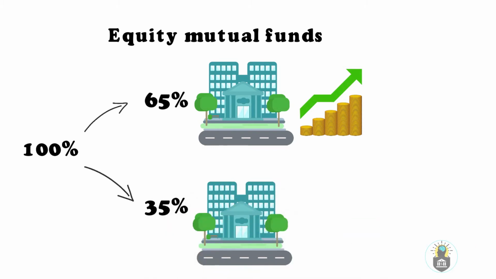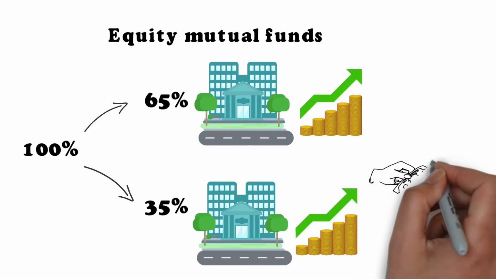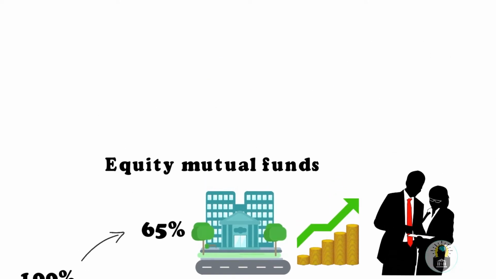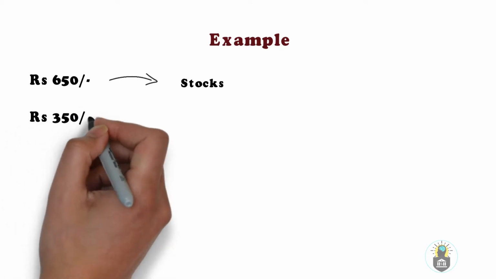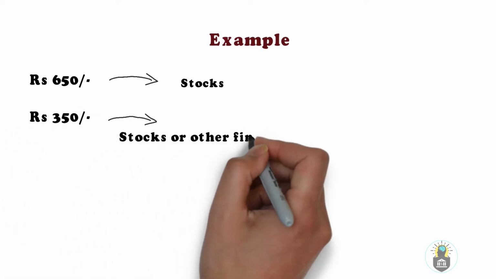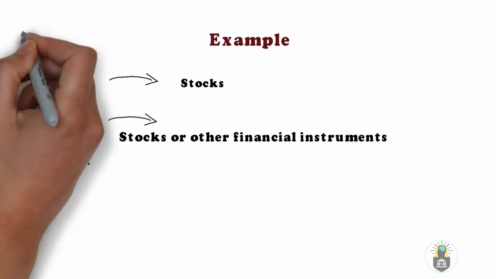The remaining 35% of money can be invested in equity or any other instrument based on the expert knowledge of the professional fund managers who manage money from investors. For example, if you have invested 1000 rupees, 650 rupees will be invested in stocks and the remaining 350 rupees will be invested in either stocks or some other financial instruments.